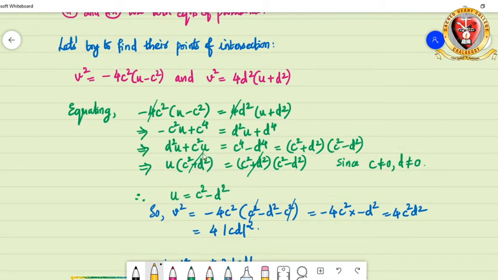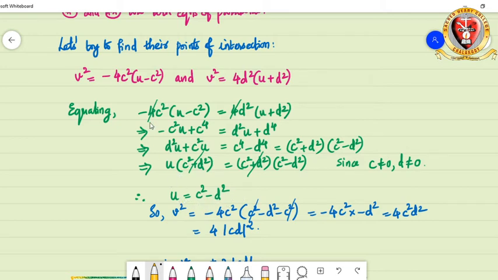So here you can strike out c square plus d square, since c square plus d square is never 0, as c and d we already took them to be not equal to 0. So we can strike the c square plus d square on both sides, and what you end up with is u is equal to c square minus d square.